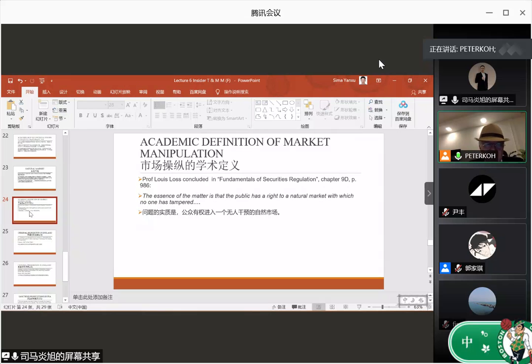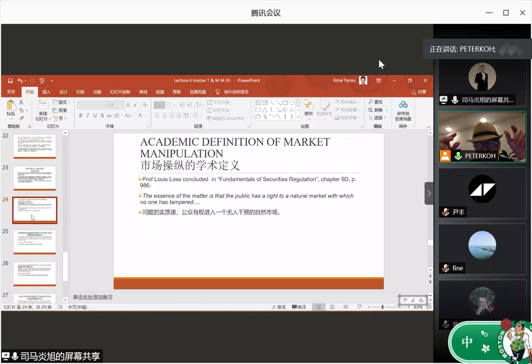The essence of the matter is that the investing public has a right to a natural market with which no one has tampered. No one has tampered. That is very important. The natural market. That is the definition of Professor Louis Loss.